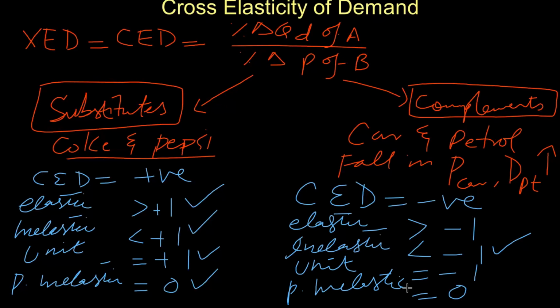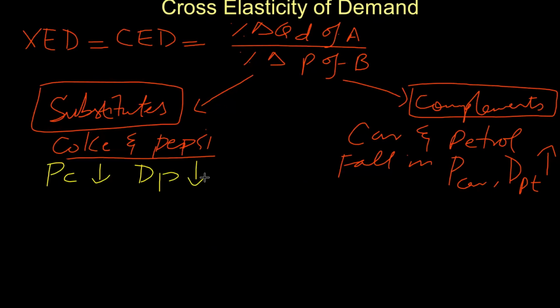Okay. So these are really important information about substitutes and complements. And another related information is, if there is fall in price of Coke, demand for Pepsi will fall, and it is really practical.